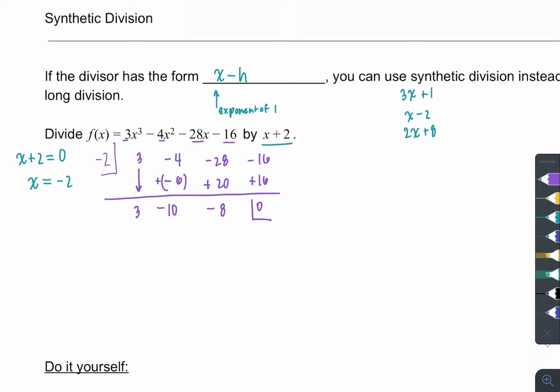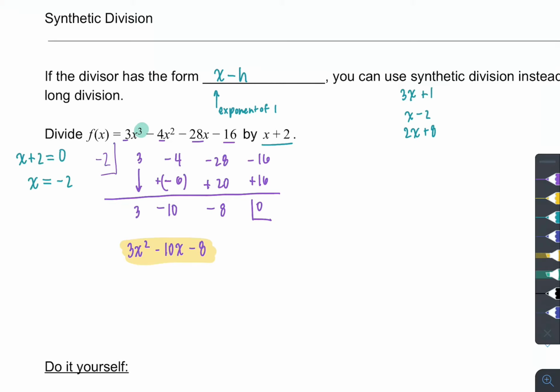And so the way we would write our final answer is we're going to take each of these exponents and subtract 1 from them. So this becomes 3x squared minus 10x minus 8. Okay, so that is our final answer.